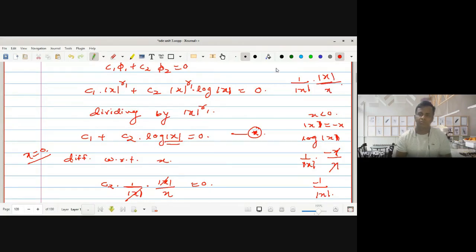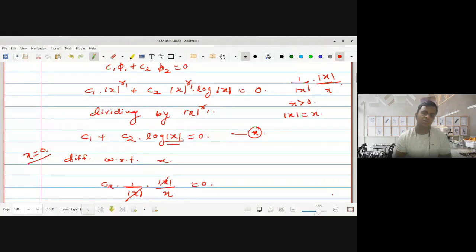Okay, wait. चेक करूया. समजा x ग्रेटर दॅन 0 असेल तर काय होतो तुमचा mod x इज इक्वल टू x. हा काय होणार तुमचा डेरिव्हेटिव्ह ऑफ log ऑफ x काय येईल 1 अपॉन x. सॅटिस्फाय होतो का बघा या कंडिशन मध्ये, 1 अपॉन mod x इंटू mod x अपॉन x असं घेतलं होतं ना आपण.